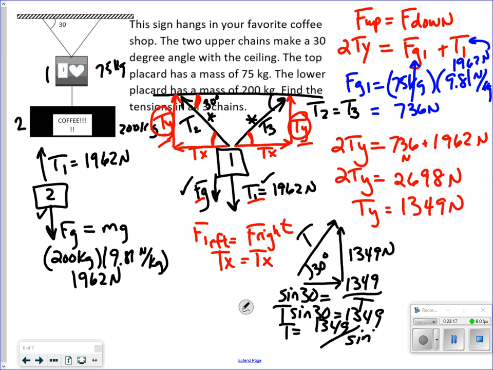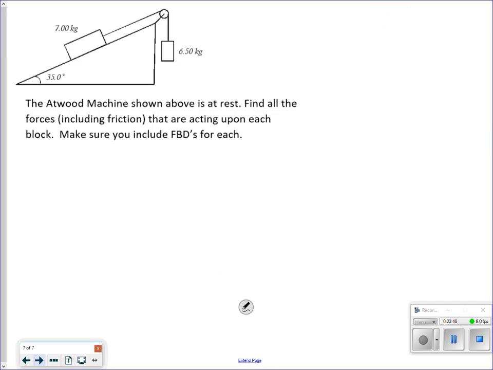So essentially, it's times 2. The tension in my rope is going to be 2698 newtons. All right, and that is for both of them. So there we go. It's messy and I'm out of room, but hopefully you see how you find all your little guys there.